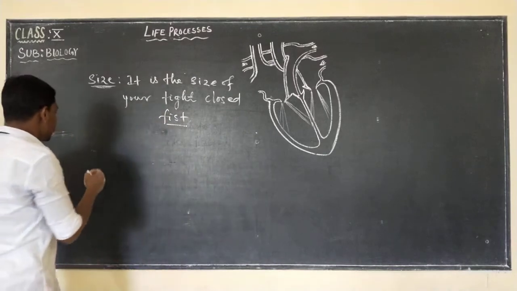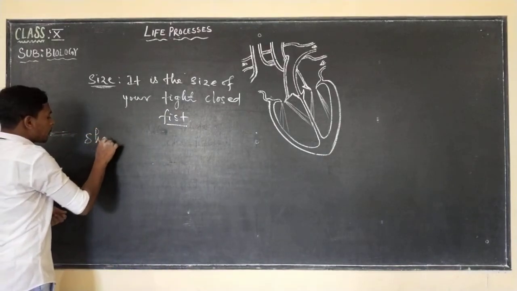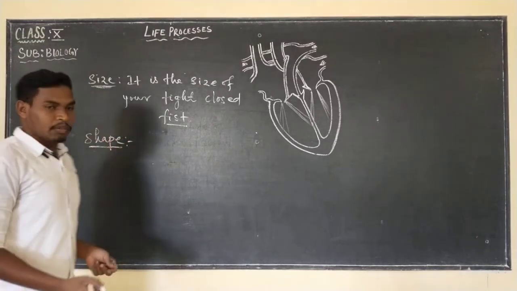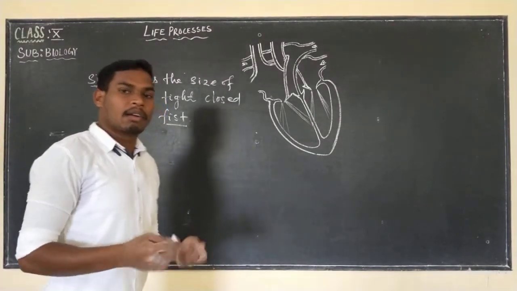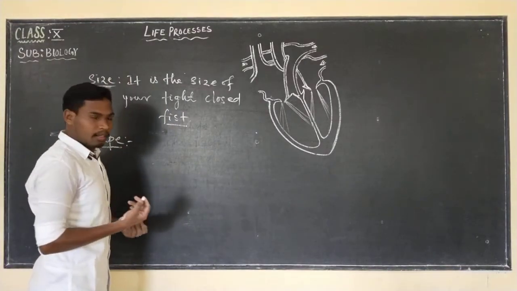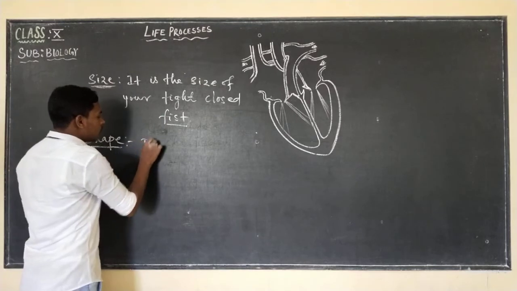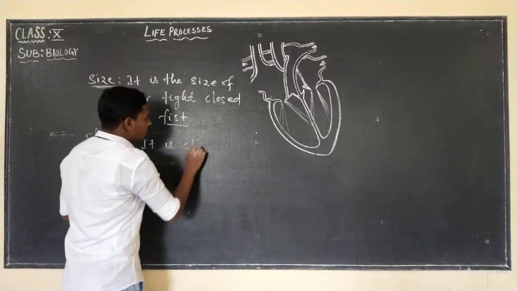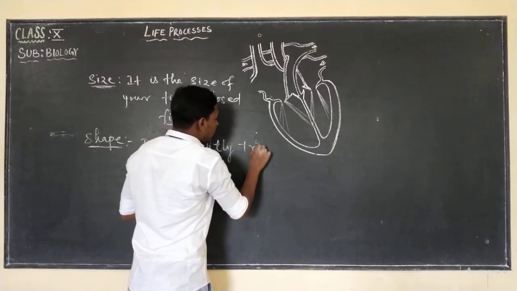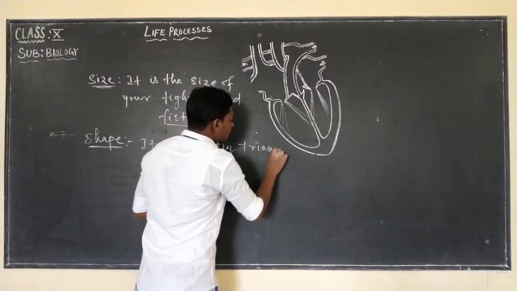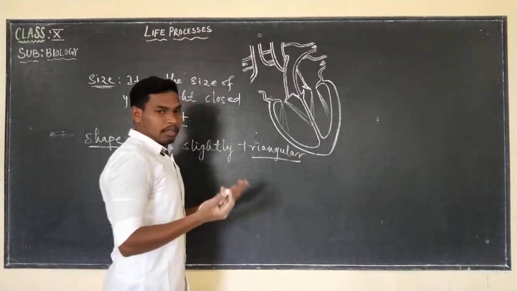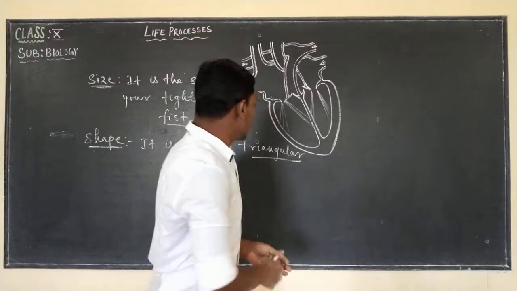Next, if we talk of the shape of the heart, it is slightly triangular or conical in shape. How is it triangular?